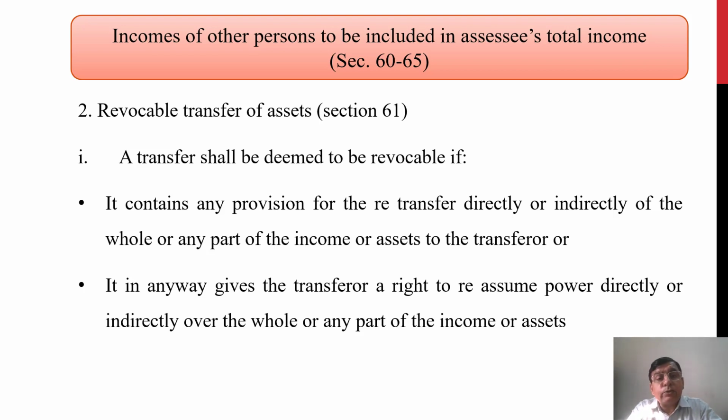Now the question arises: what is a revocable transfer? A transfer shall be deemed to be revocable if it contains any provision for retransfer, directly or indirectly, of the asset by the transferee to the transferor during the lifetime of the transferee. That means if the transferor has retained any right to retransfer the asset, or in any way has the right to resume the right on the asset, then it will be treated as a revocable transfer.